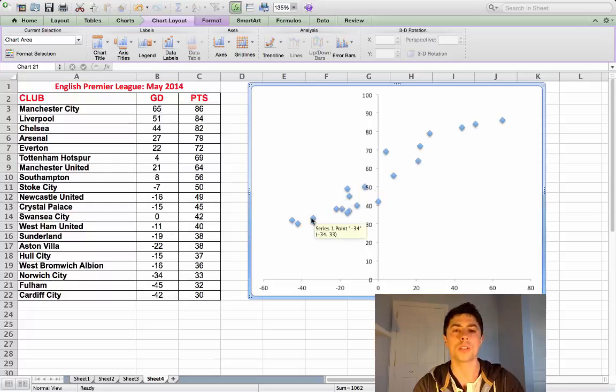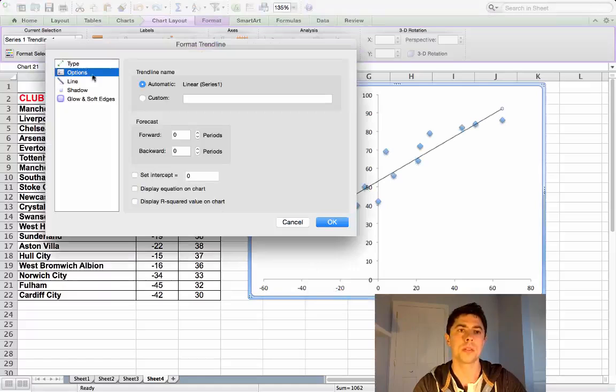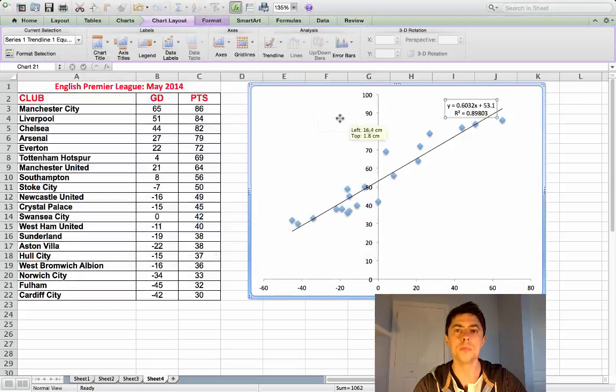So again, we can just right click on one of those coordinates, add trend line. You click on options and highlight the two boxes to display the equation and R squared. And again, we have your results.